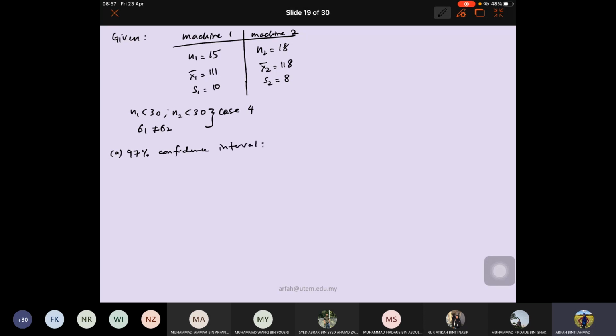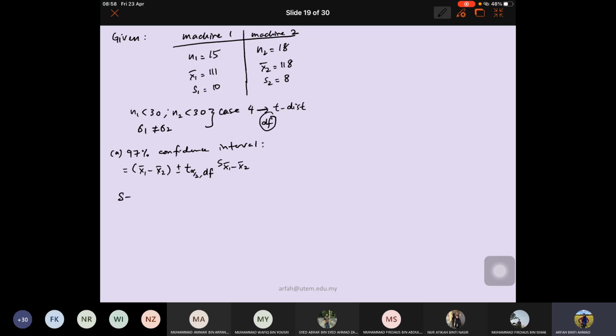Meaning that we want to find x bar 1 minus x bar 2 plus minus T alpha over 2 with df degrees of freedom, times S of x bar 1 minus x bar 2. Because it's case 4, it follows the T distribution, and the critical part is to calculate the degrees of freedom.